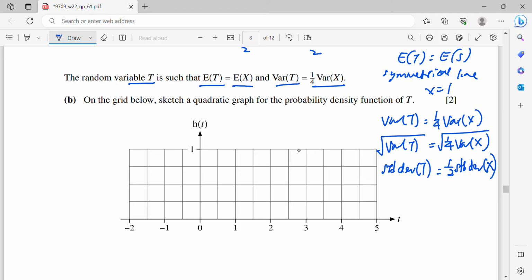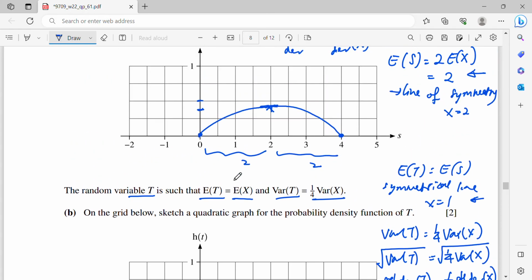Initially, x equals 1 is a symmetrical line. Then when the standard deviation of t equals half the standard deviation of x, that means the spread of t is half the spread of x.